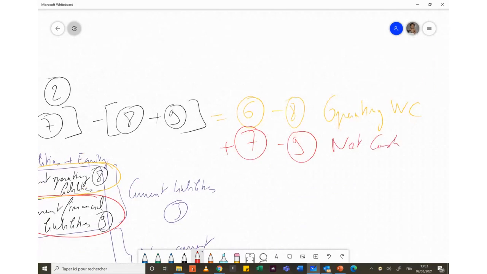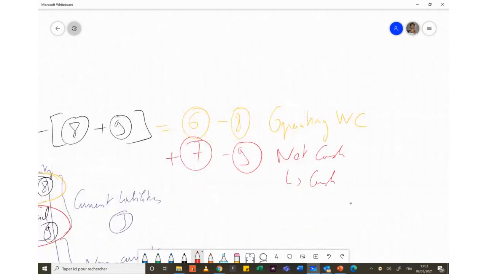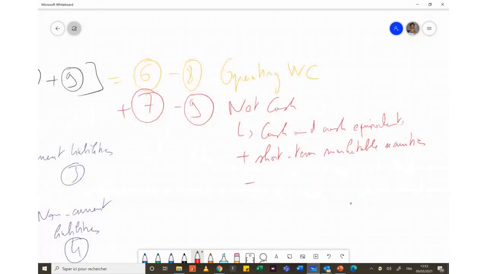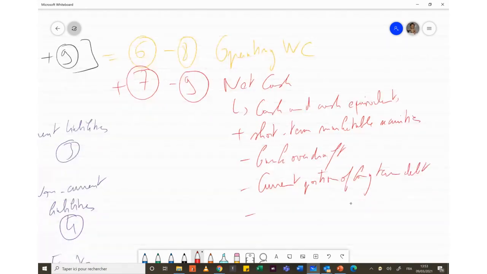It is net cash. We have the cash and cash equivalents plus the short-term marketable securities, so this is the financial assets, minus the bank overdraft, minus the current portion of long-term debt, and minus other short-term financial liabilities.